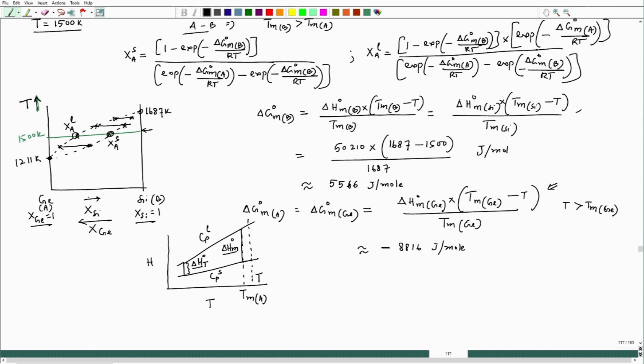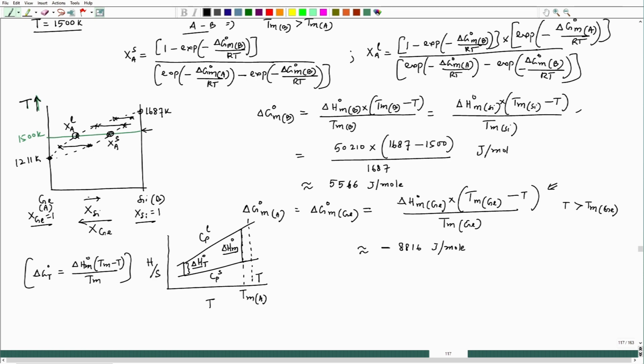So we tried to calculate this value, and similarly we can also do it for entropy, and then we got delta G naught at a particular temperature equal to delta H M naught times T M minus T divided by T M. So that way this formula was arrived.